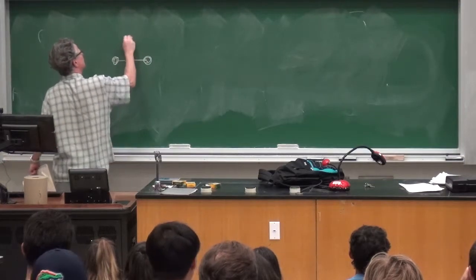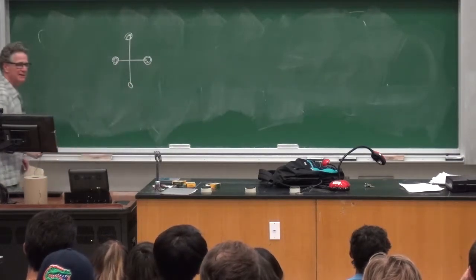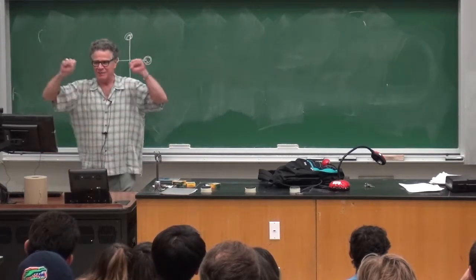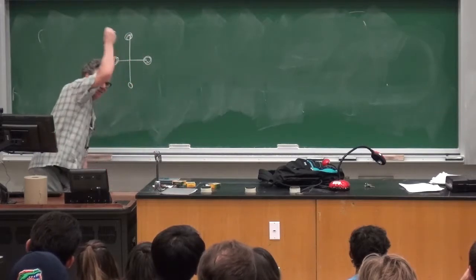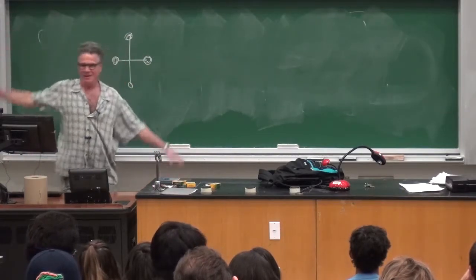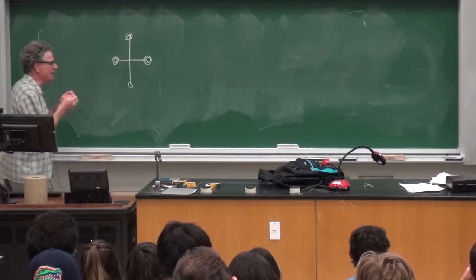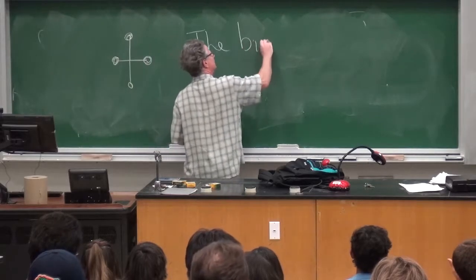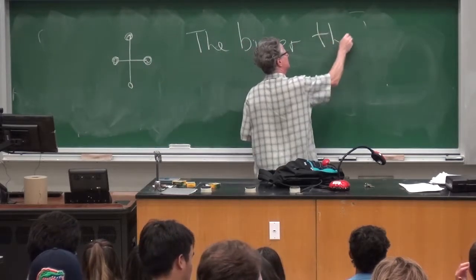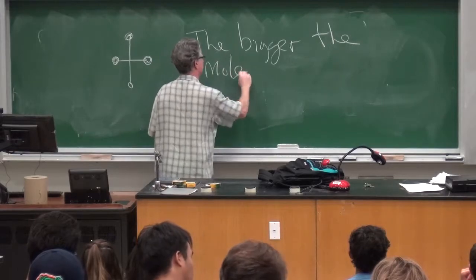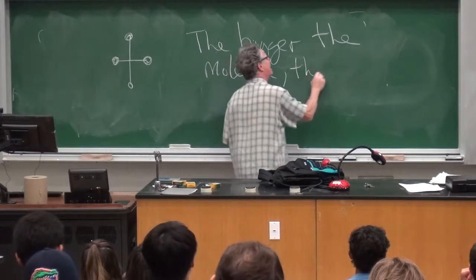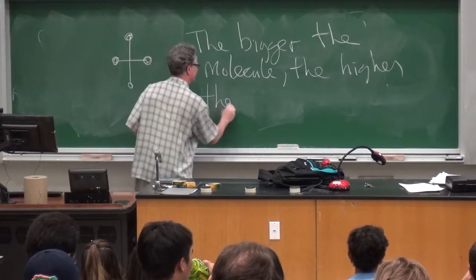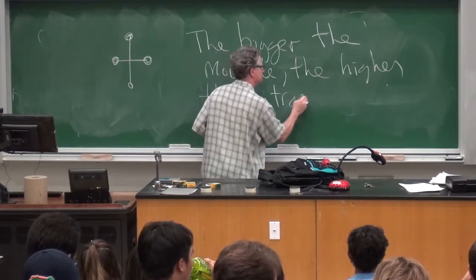But if it's composed of 4, it now has much more opportunity to vibrate. It can vibrate this way, it can vibrate this way, it might wag. So again, the bigger the molecule, the higher the entropy S.